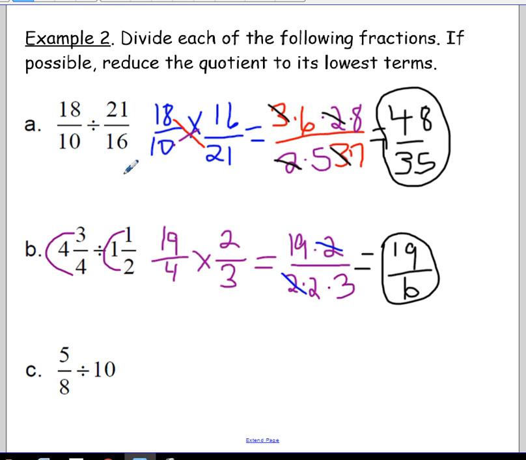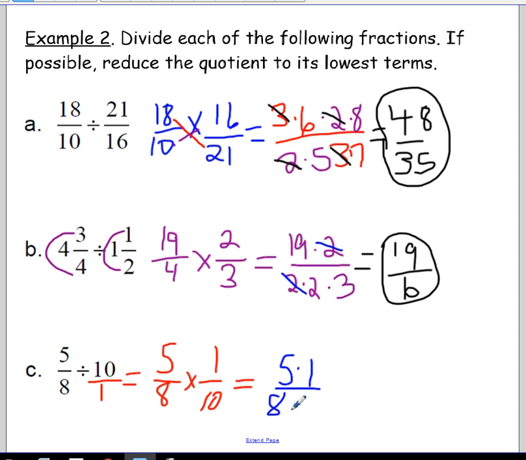And for C, just like we did with multiplication, let's change 10 into a fraction by putting it as 10 over 1. And then we'll flip and make the problem 5/8 multiplied by 1 over 10. 5 and 1 in the numerator cannot be broken down any further, so we'll leave it as 5 times 1. 8 can be broken down to 2 times 4, actually 2 times 2 times 2, but there's no even numbers on the top, so no multiples of 2, so that doesn't help us any, so I'm going to leave it as 8.